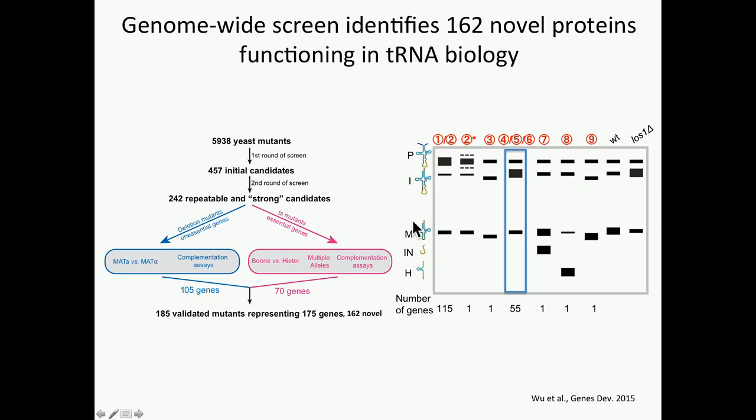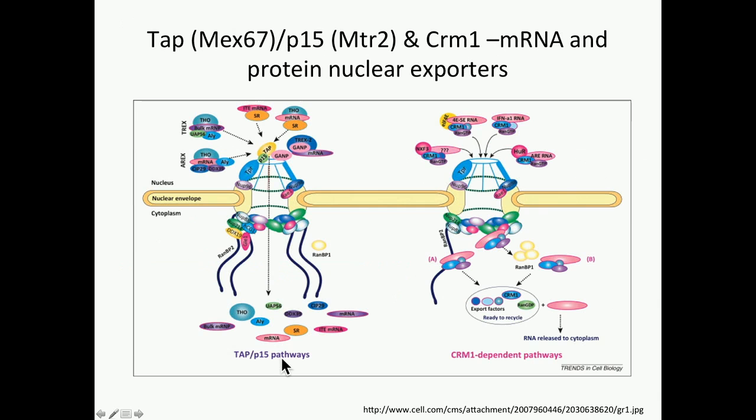I just want to tell you about the ones here in blue. These are the mutants that accumulate end-processed intron-containing tRNA, because these are candidates for mutants that are defective in tRNA nuclear export. And among these, we found 3 essential genes, MEX67, MTR2, and CRM1.